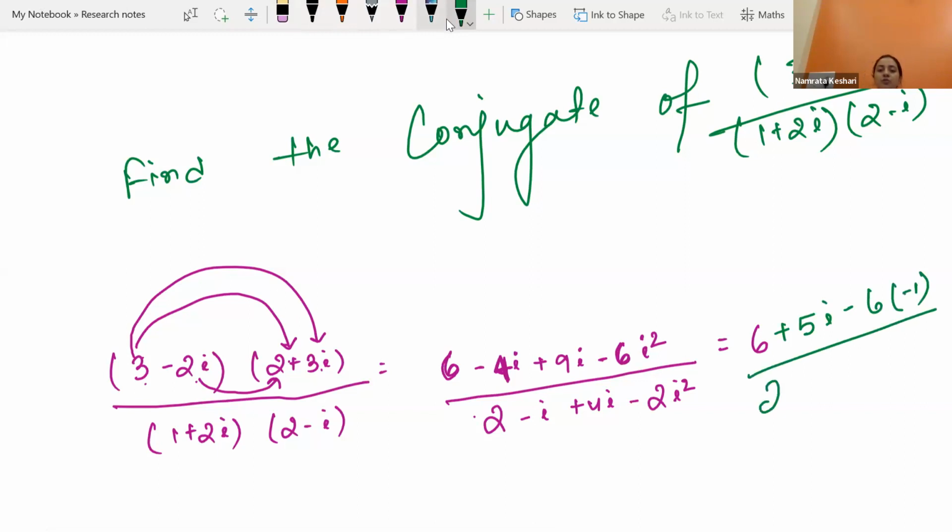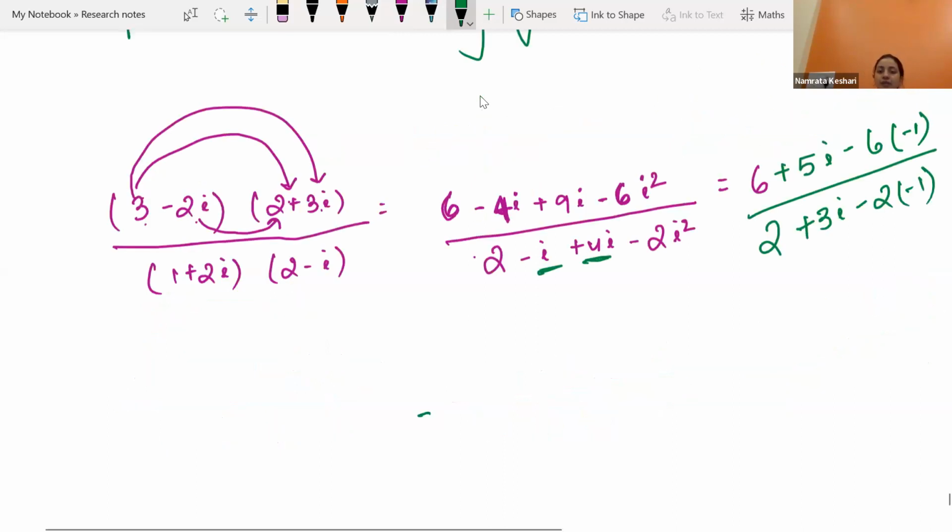Over 2 minus i plus 4i will be, yes, Ali and Alina, minus i plus 4i is plus 3i, right? And it will be minus 2i square, i square is minus 1. Let's continue.